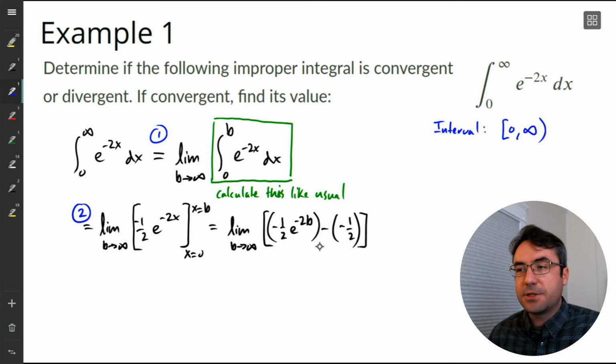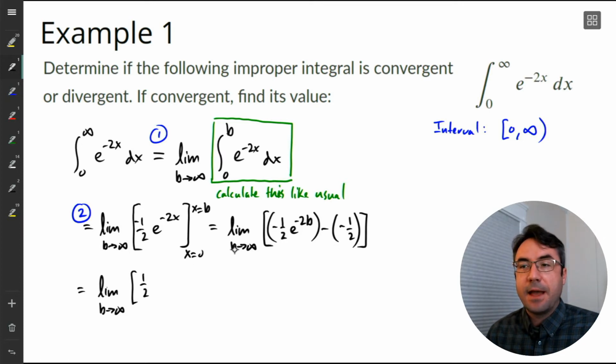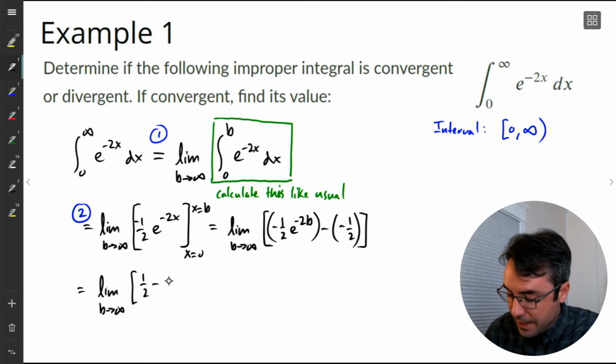But before we do that, let's just clean this up. So I have a double negative. I'm going to write that as a positive, and I see that this other term has a negative in front, so I like to put the positive term first just so I don't lose track of any other negatives. So I'm going to put the positive 1/2 first, then I'm going to have minus 1/2.